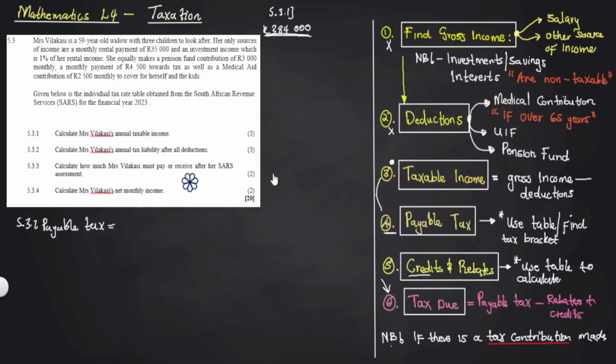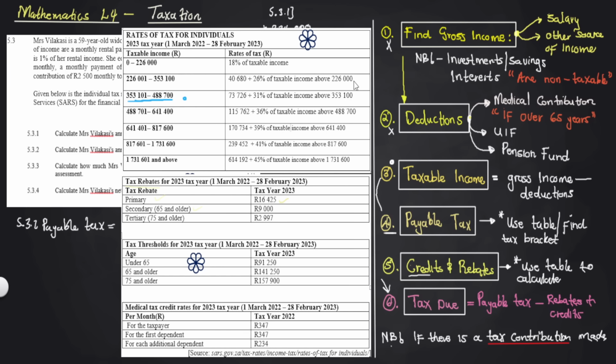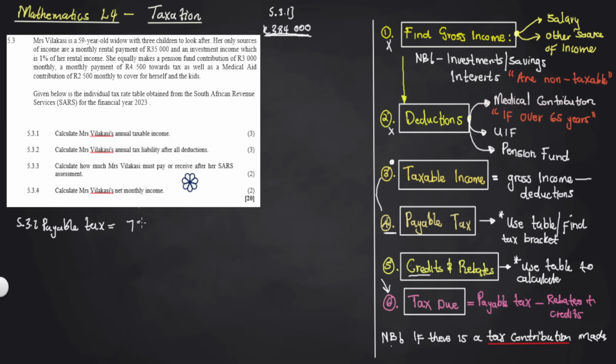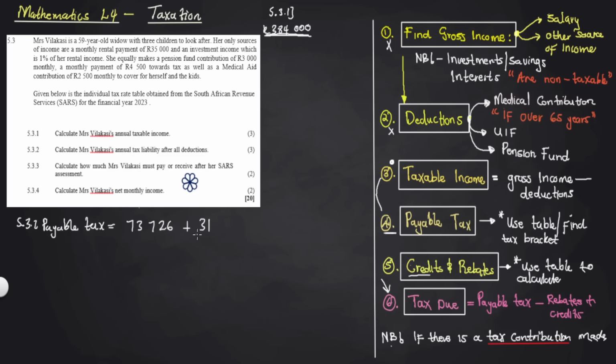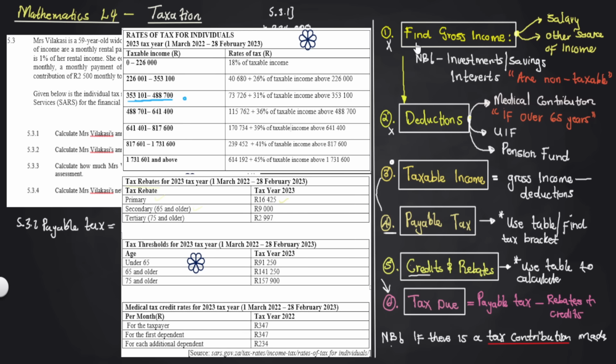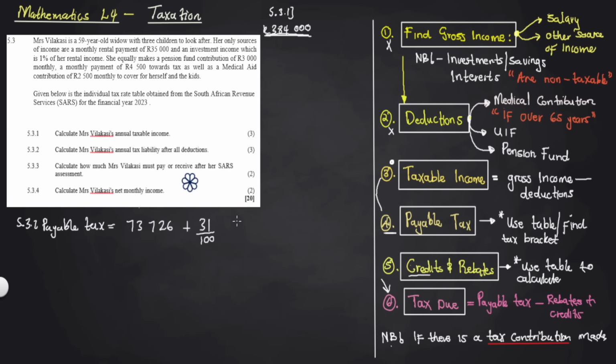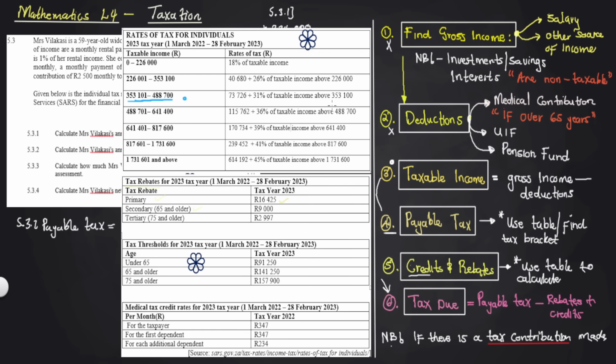All right, we're going to write it here. So it's going to be 73,726 plus 31% of, which is 31 over 100 of what? 353,100. So it's going to be 384,123. Subtract this value. Subtract which value?